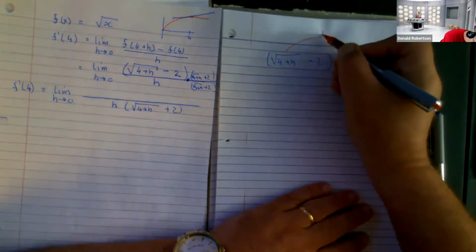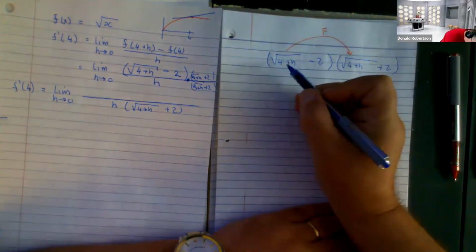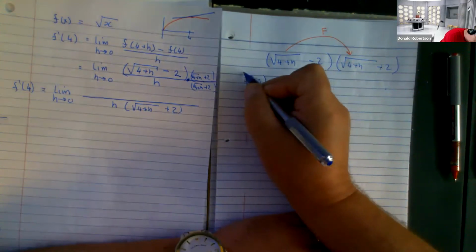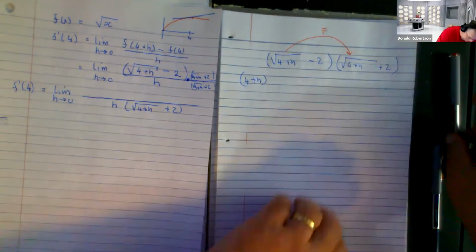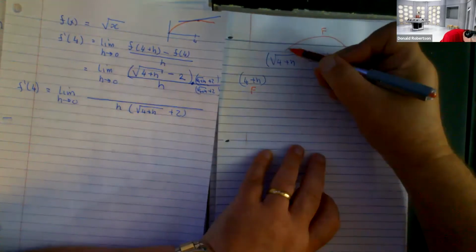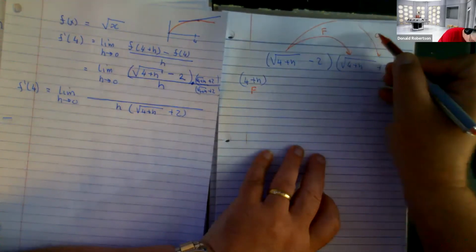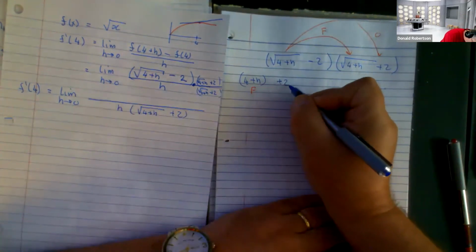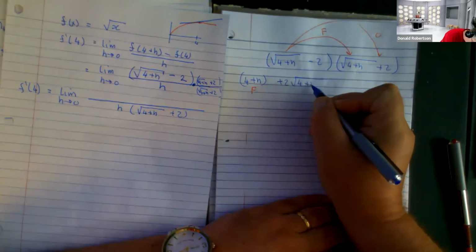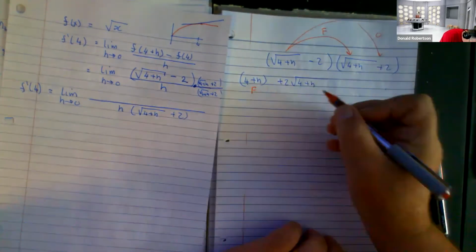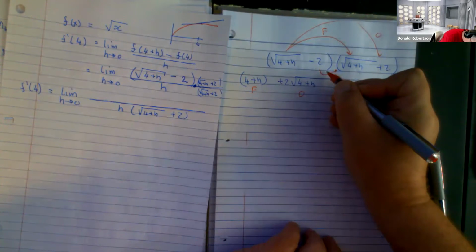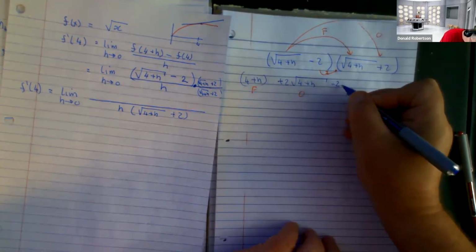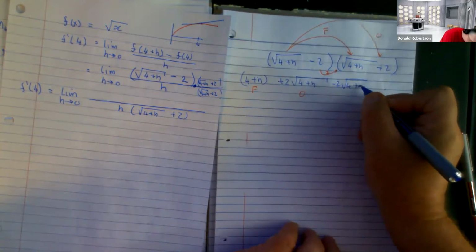FOIL. The square root of 4 plus h times itself gets you 4 plus h. That's F done. The outside, that's these two, the O. This square root times plus 2 gets you 2 times the square root. And that's the O. The I, well, negative 2 times this square root gets you negative 2 times this square root.